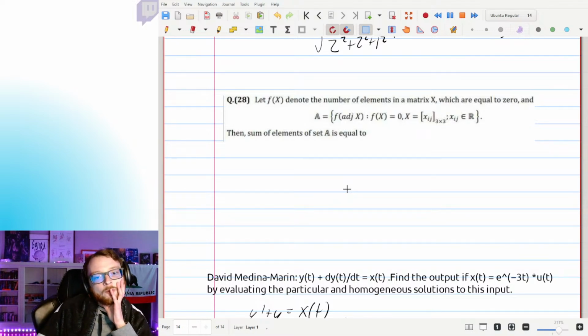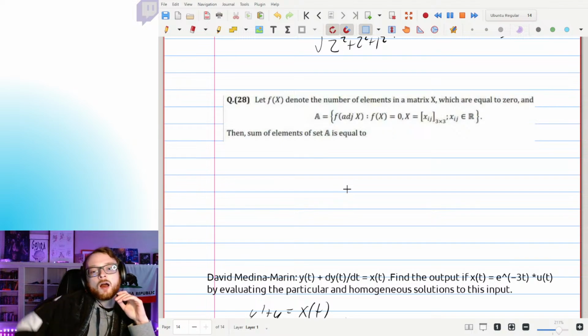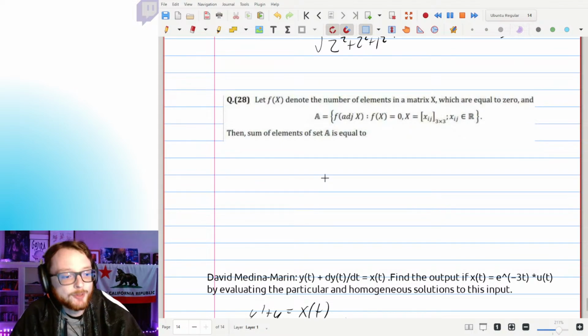Let f of X denote the number of elements in a matrix X which are equal to 0. Sum of elements of set A. What if an adjoint matrix again?